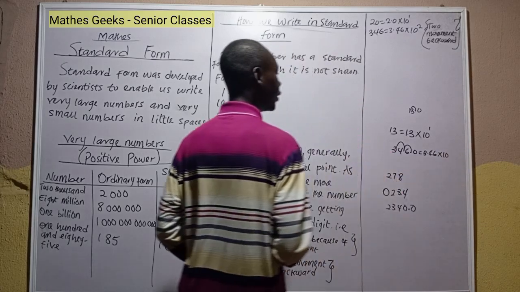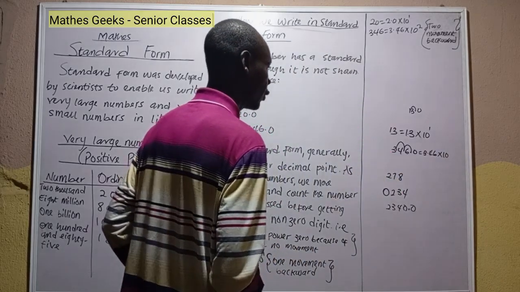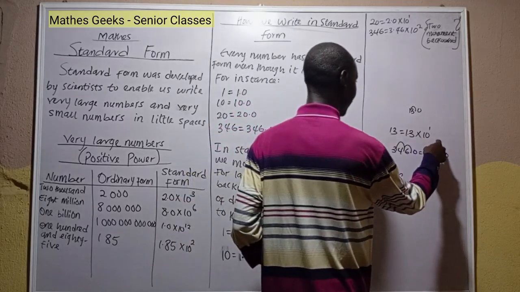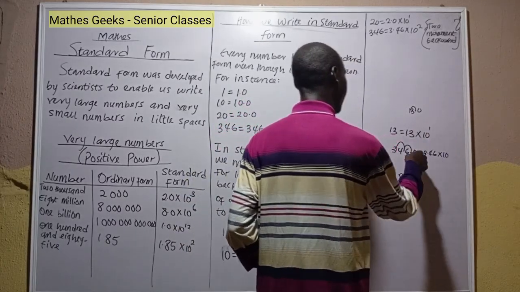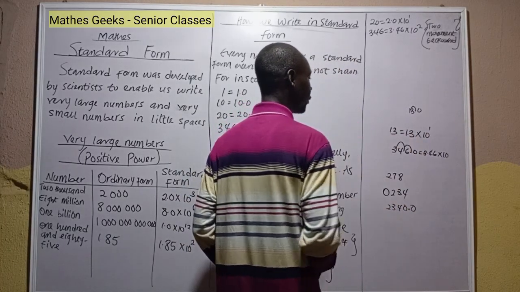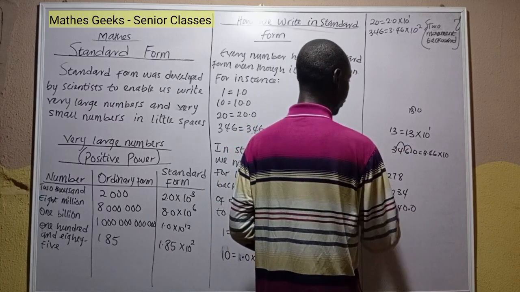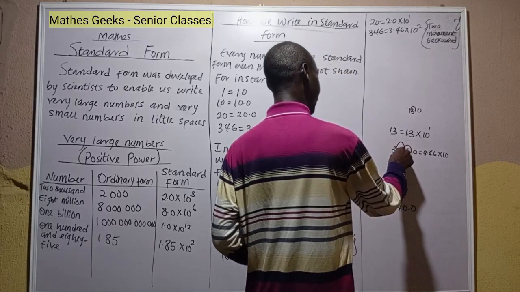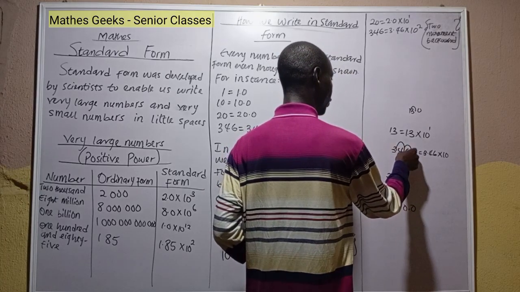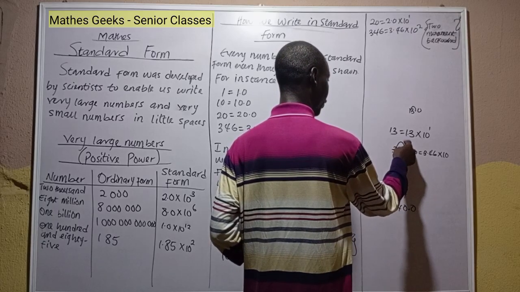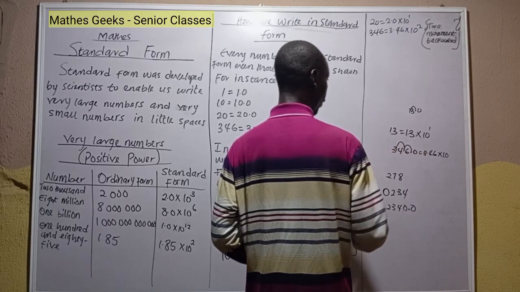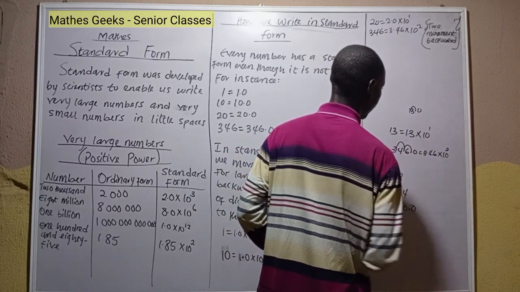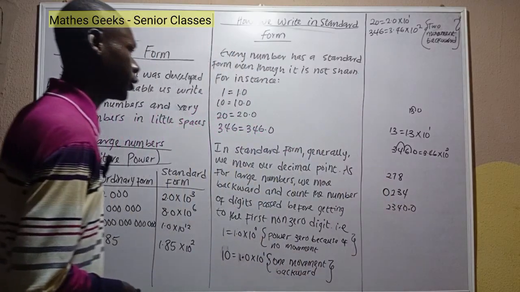This 10 is an arbitrary notation. So you are going to raise it to a power. The power will depend on how many times that movement was made. So in this case, for you to bring the point from here to the point where it must be, you made 2 moves, or the movement was done 2 times. So 1, 2. So it's raised to power 2. That's how it is done.